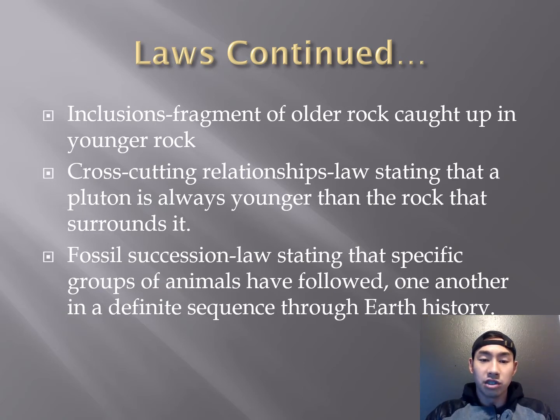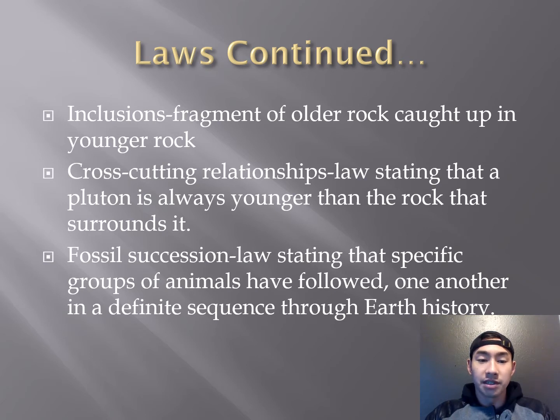So the inclusion is older than the new rock material. It's similar to conglomerate, if we recall our sedimentary rocks. Those individual pebbles that are in the conglomerate are older than the age of the conglomerate itself.